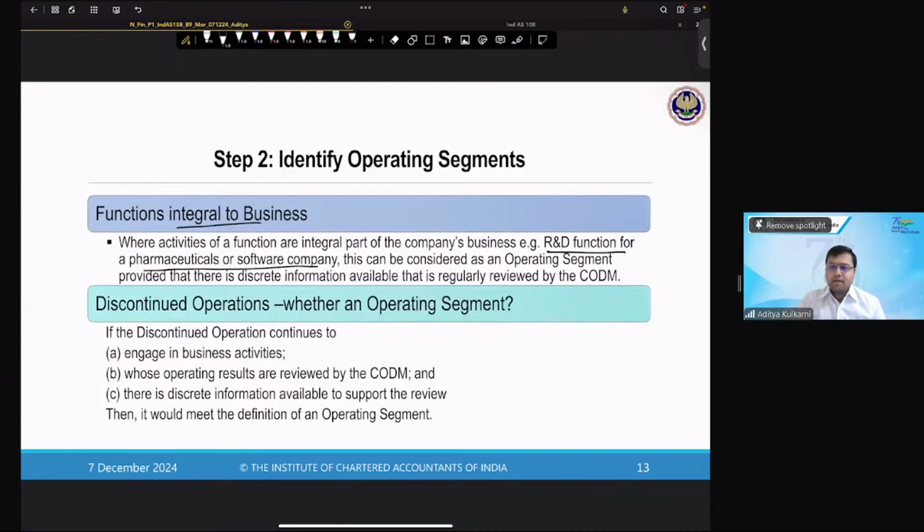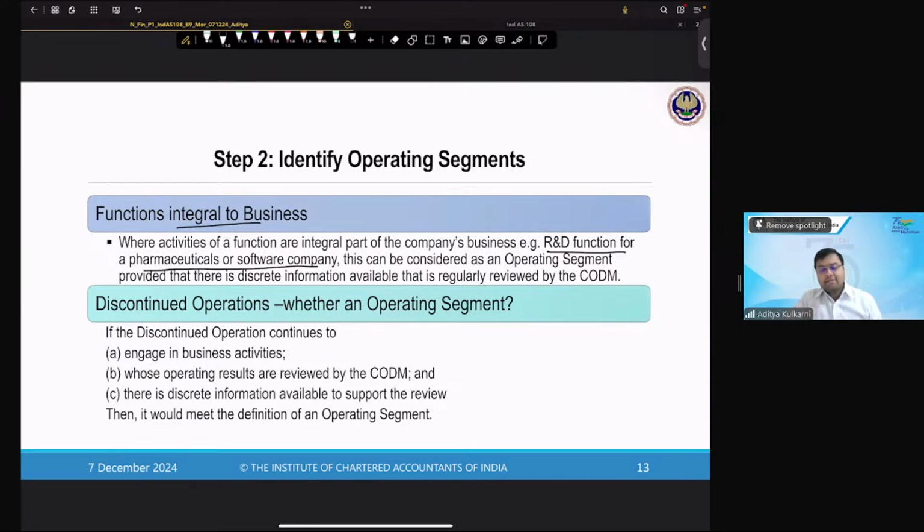Even if I am unable to categorize it as an intangible asset, because currently I am working on a research phase.